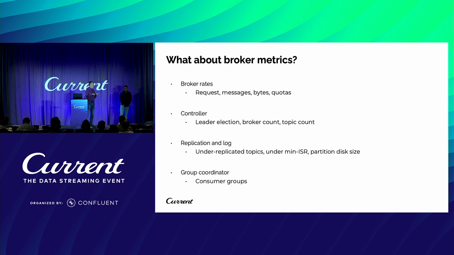The broker, in comparison, maintains high-level metrics. They're aggregate things, like how many requests I've received across the whole client fleet, and things like replication and rebalancing, or when the leadership of partitions changes. That kind of stuff is recorded by the broker.